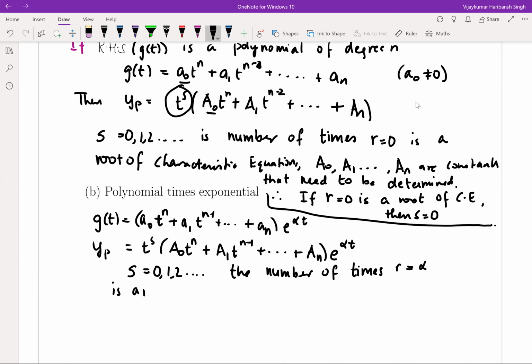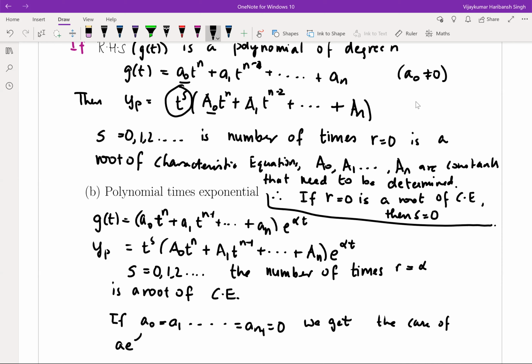So if we have a0 equals a1 dot dot dot equals an equals 0, in that case we get the case of a e to the power alpha t from one of the specific examples earlier.